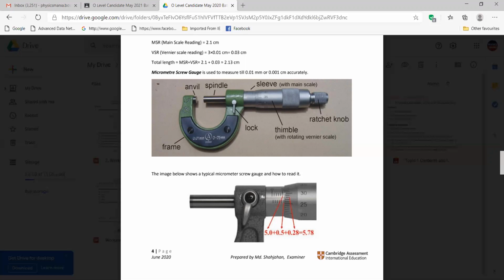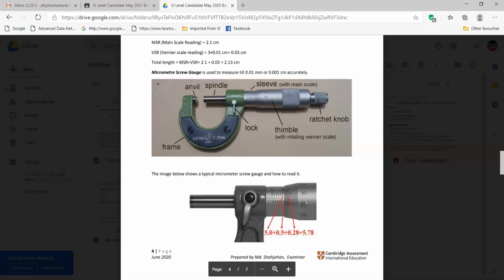Yes sir. Like this reading is giving you till 5 millimeter, then you are getting another line down, right? Yes sir. So the lower line is giving you 0.5 and the upper line is giving you 5. Clear? Yes sir. So it's coming 5.5. The main scale reading is 5.5.